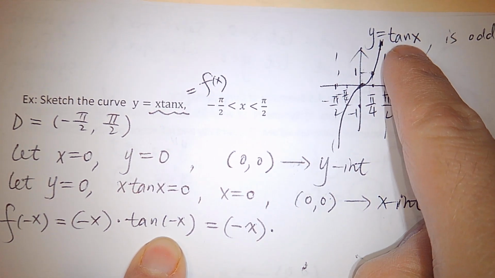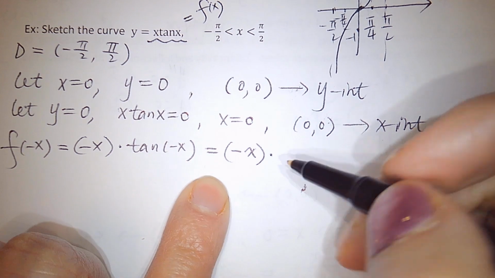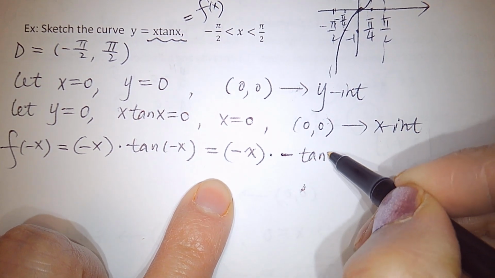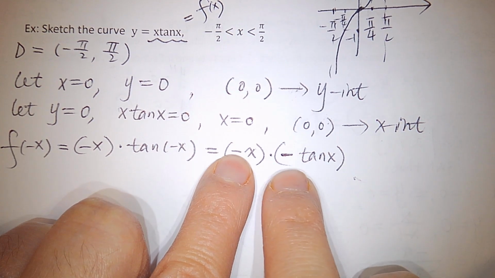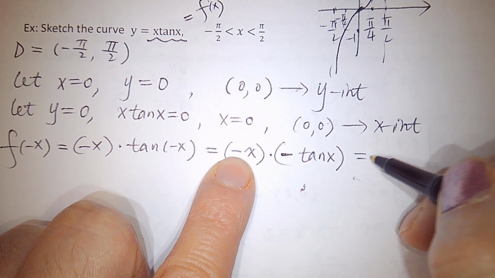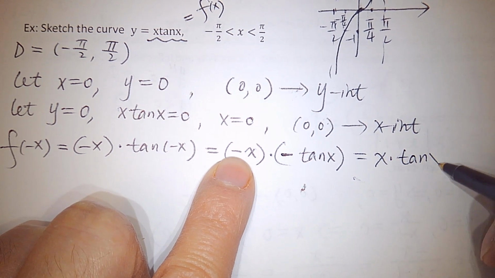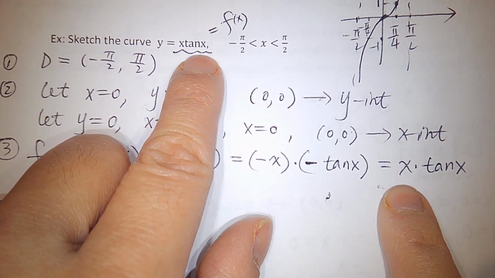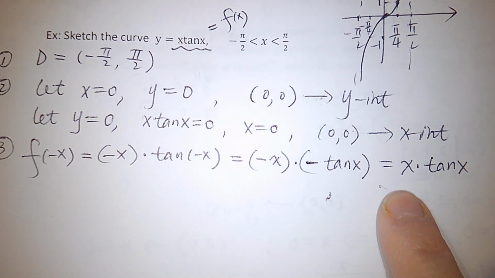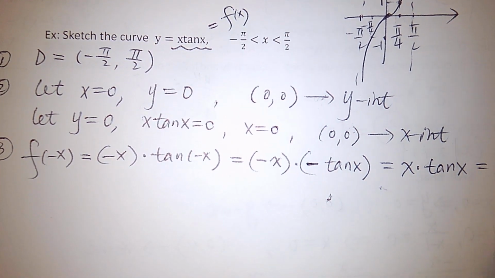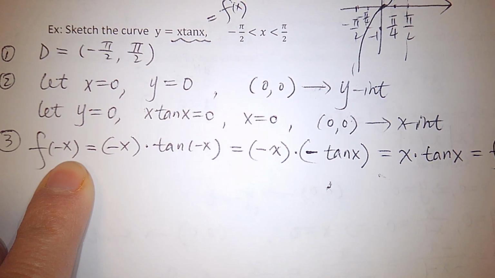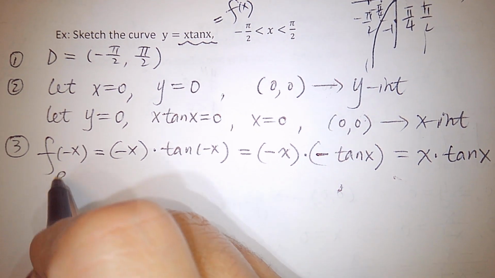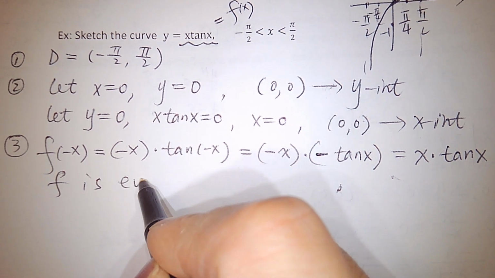The tangent function itself is odd, so tangent of negative x equals negative tangent of x. And the negatives cancel out. So this gives us x times tangent of x. Is it exactly f of x? Yes. So f of negative x equals f of x is satisfied. Is this function even or odd? Even. So f is an even function.